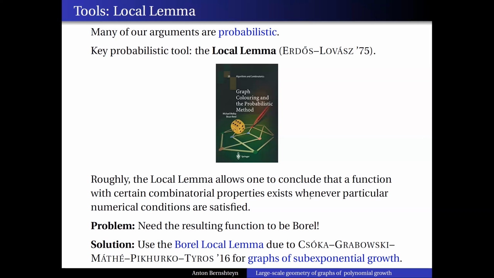And here we're applying it in the polynomial growth case, which is covered by this result. So we're kind of lucky in this sense that the setting we want to work in is exactly a setting in which you can use the local lemma to get a Borel construction.